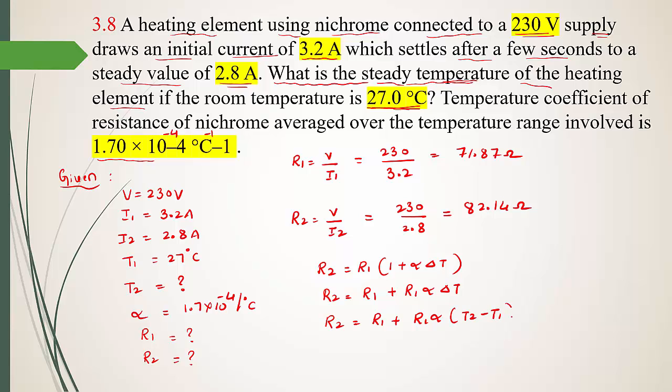T2 minus T1, the change in the temperature. Or we can write R2 minus R1, taking this R1 to the LHS side: R2 minus R1 equal to R1 alpha into T2 minus T1.